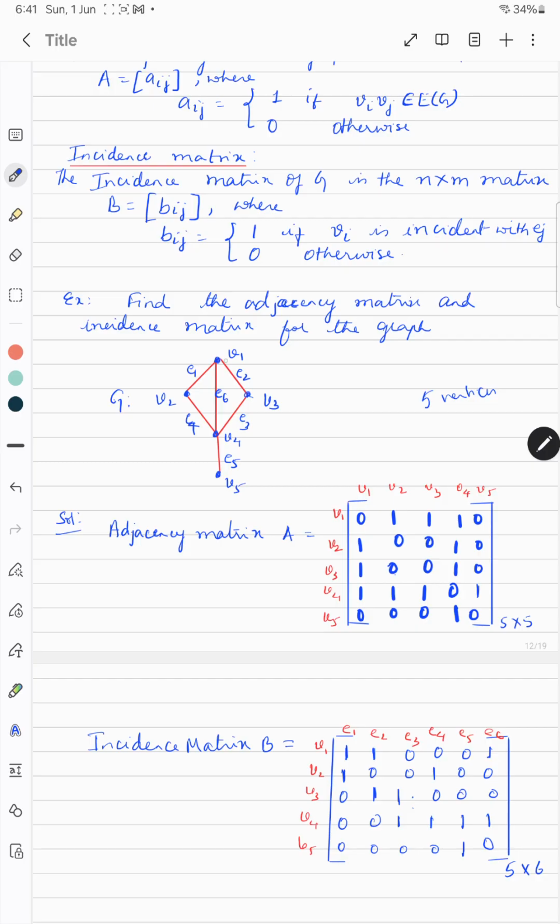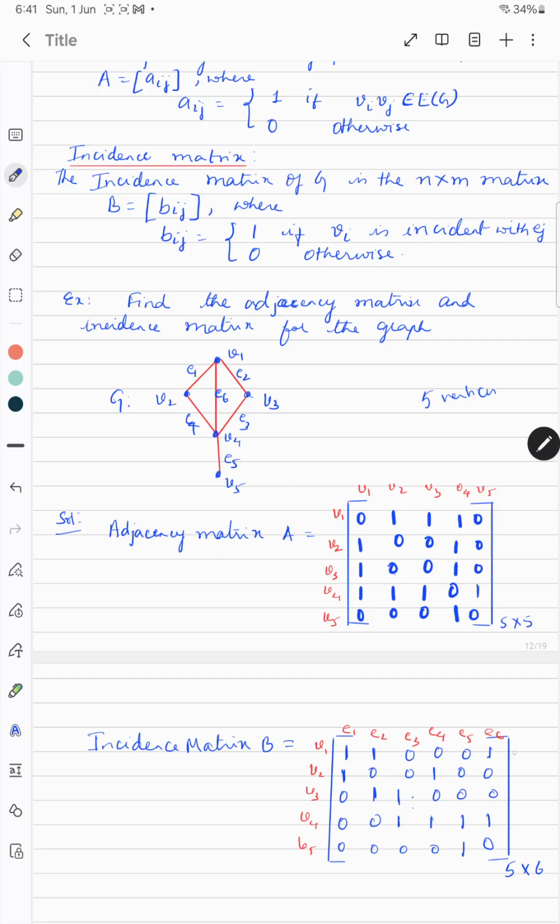Now V1 is incident with the edges E1, E2 and E6. So V1 with E1, V1 with E2, and V1 with E6 take the value 1 each.